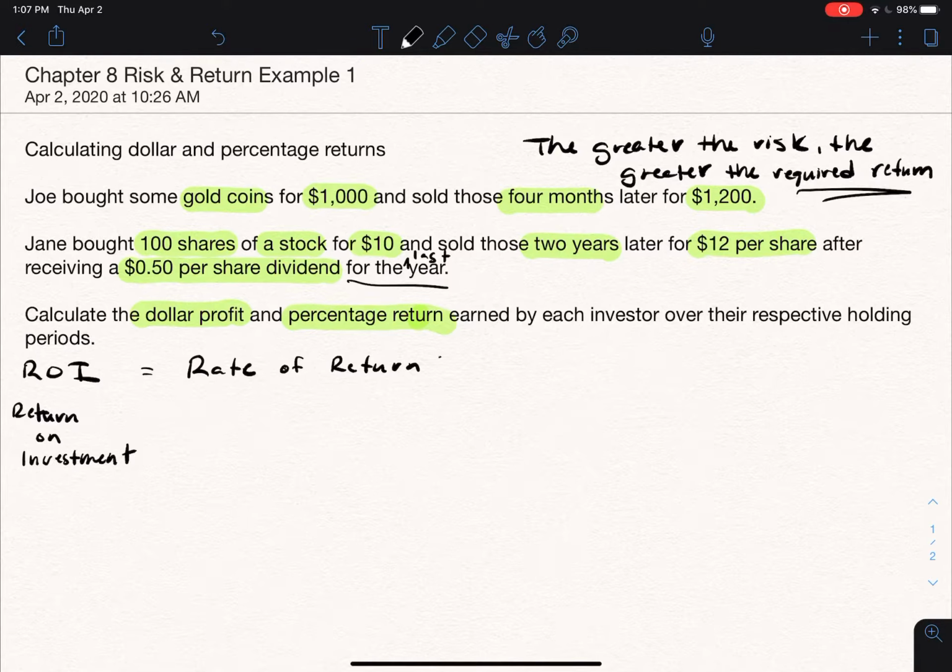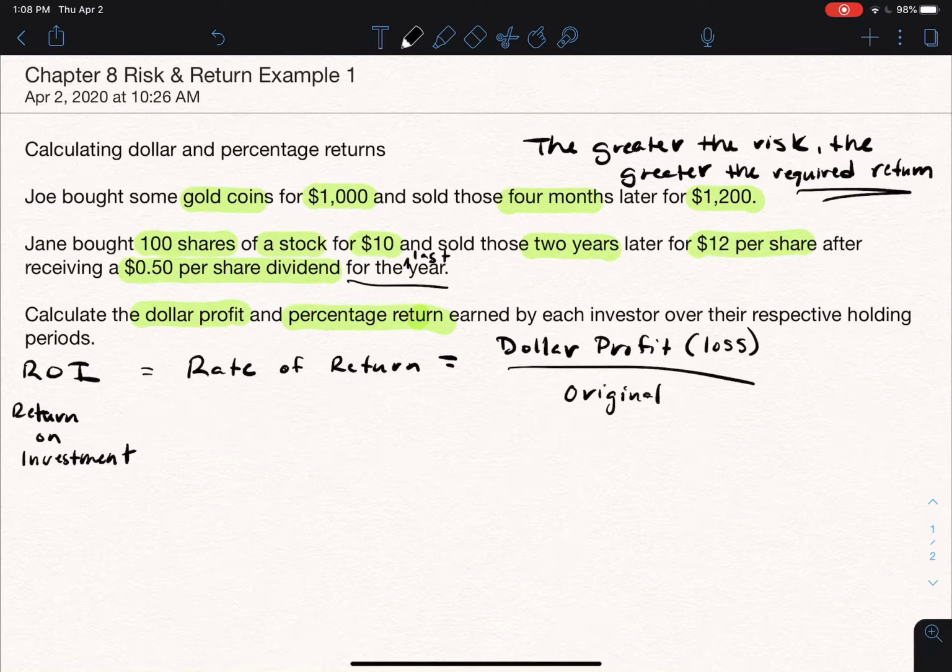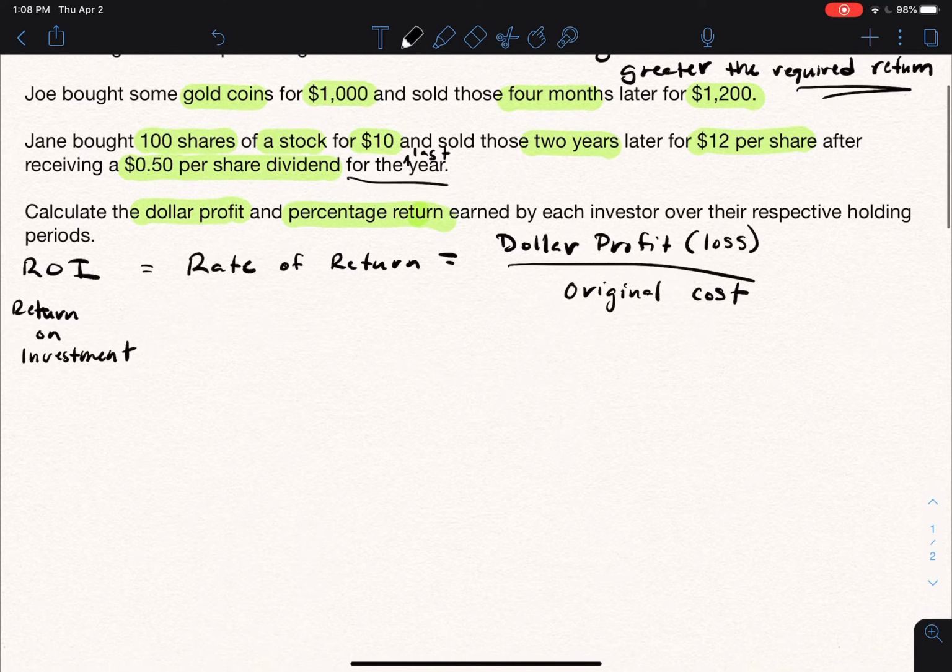The easiest formula is to find the dollar profit or loss, whichever, and then divide that by the original cost. And so you might ask, okay, so how do we do that? Well, let's do these two examples, and then you'll be able to see exactly how this is done.